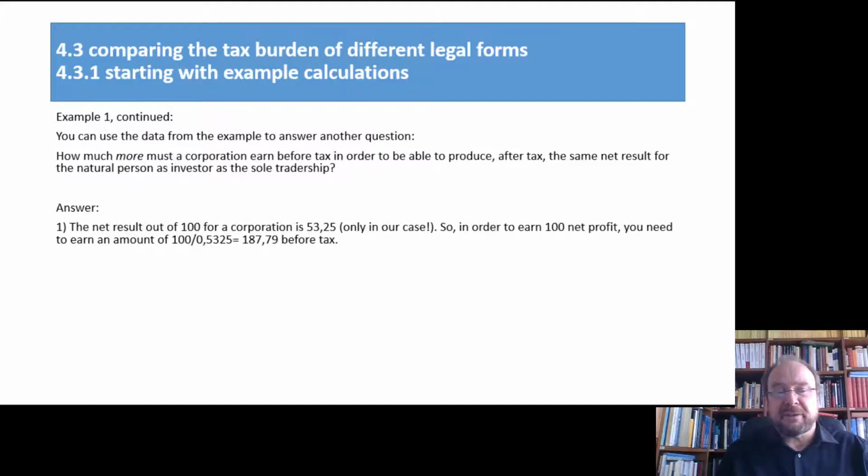The net amount shall be 100, and the net percentage which results out of the gross profit of 100 is 53.25%.